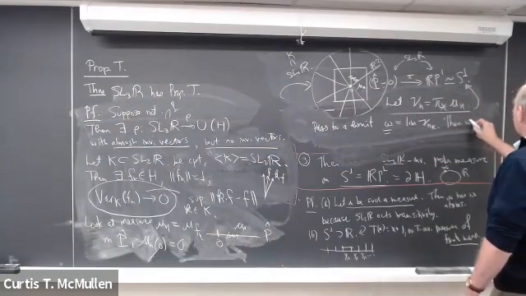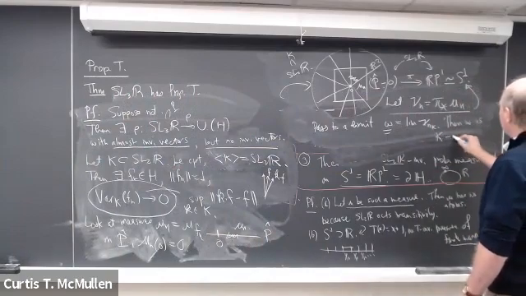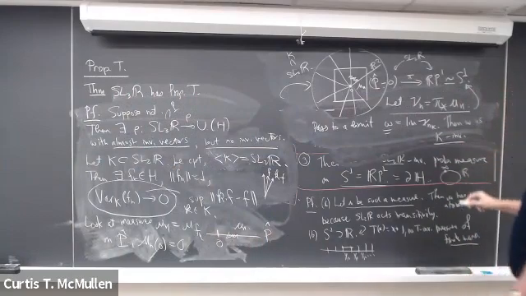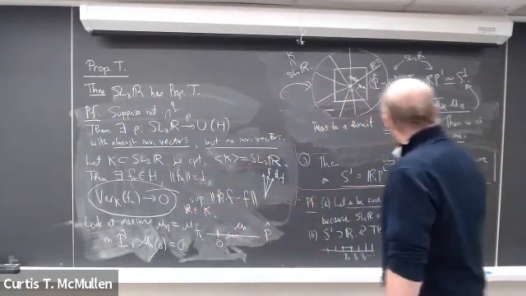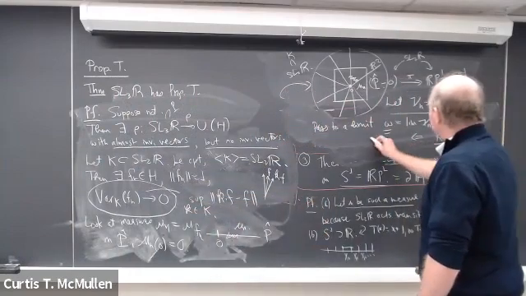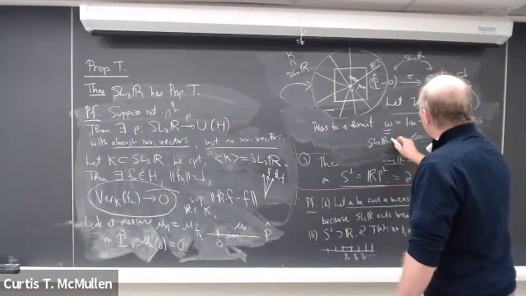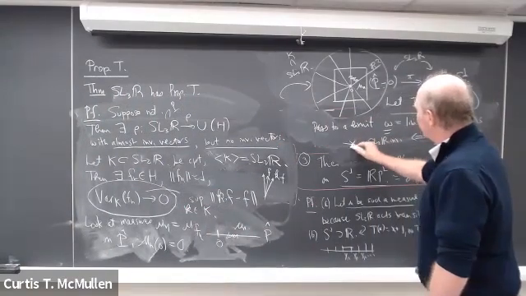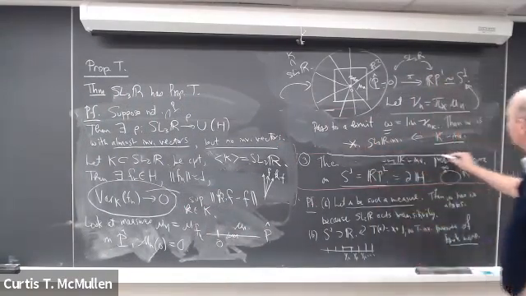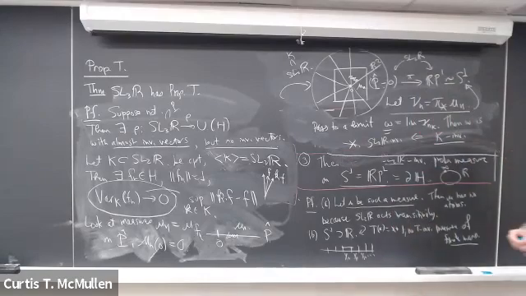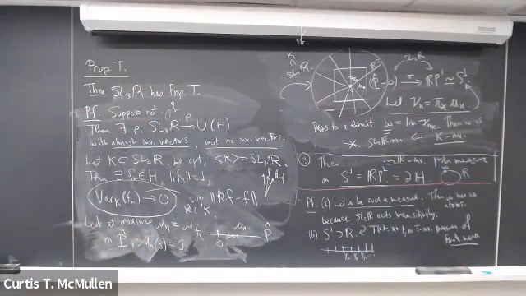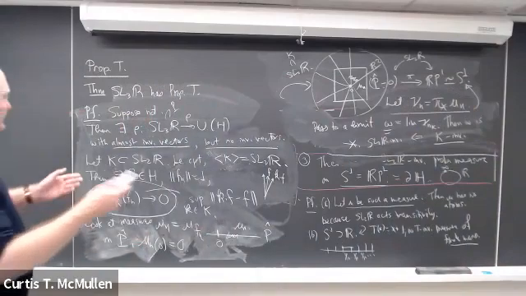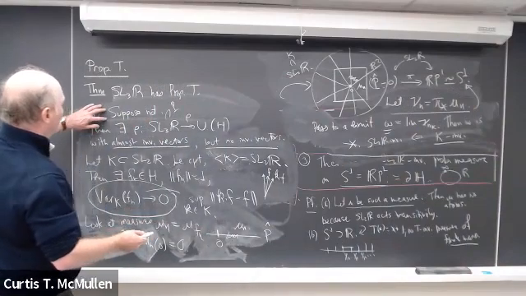So then omega is K invariant. But K generates SL2R. And so this implies that it's SL2R invariant. And we just saw that's a contradiction. So that's impossible, and therefore we have property T.